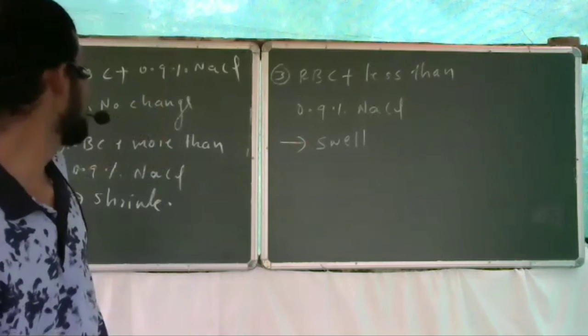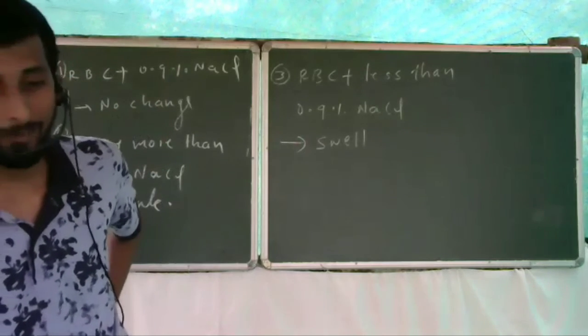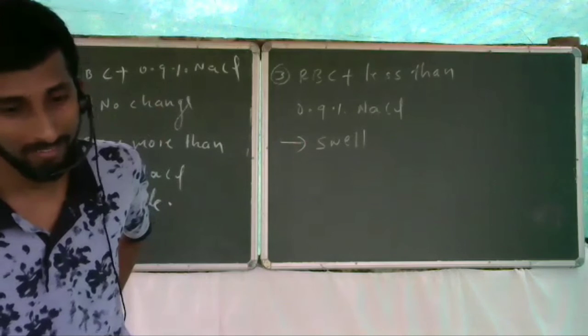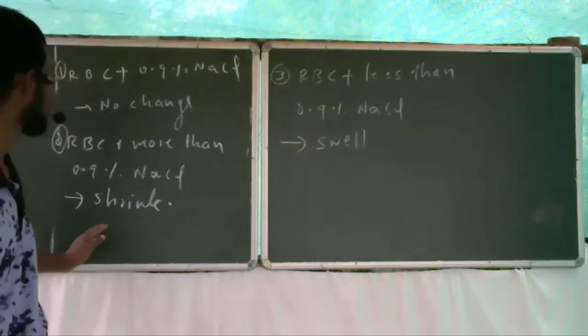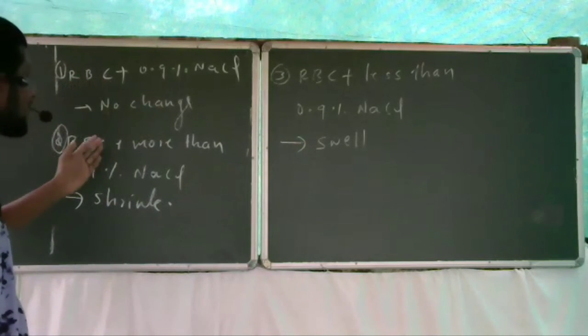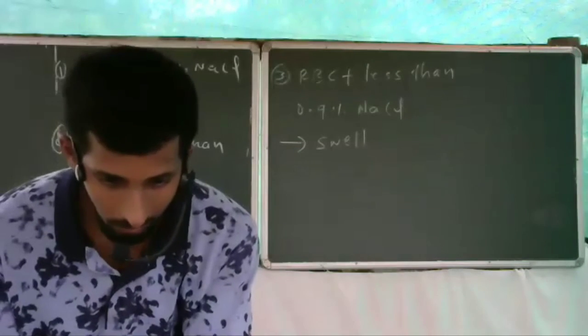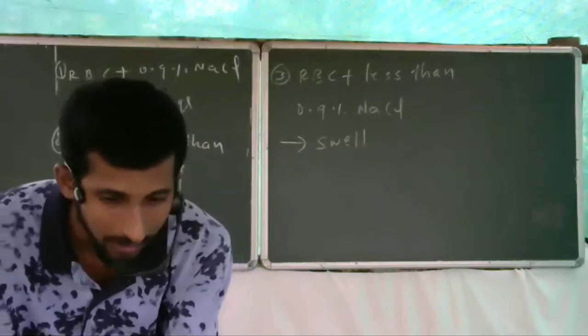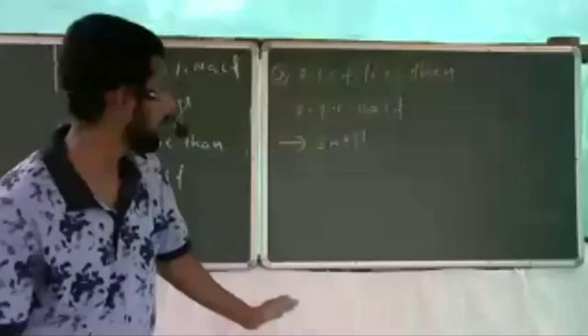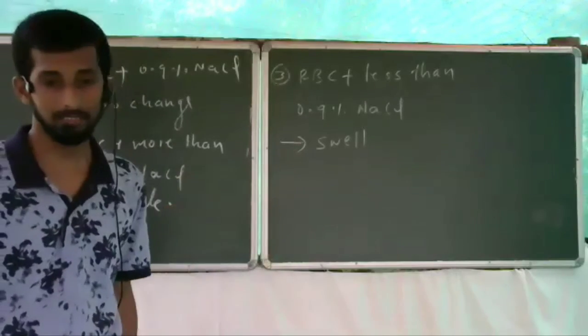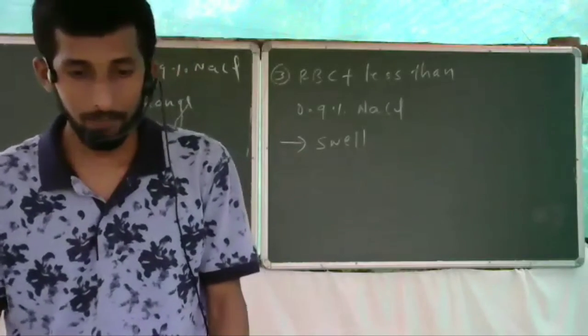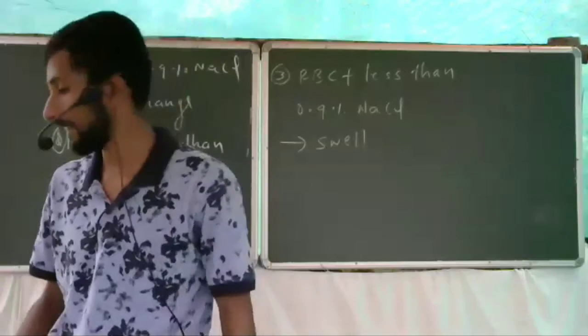In 1% NaCl solution, the blood cell will shrink. Sometimes they will mention if you keep RBC in 0.5% NaCl solution, what will happen? Then the blood cell will swell. Remember these three conditions: 0.9, less than 0.9 and more than 0.9.